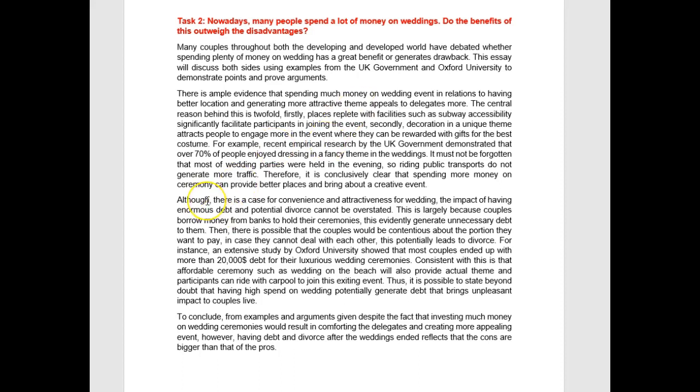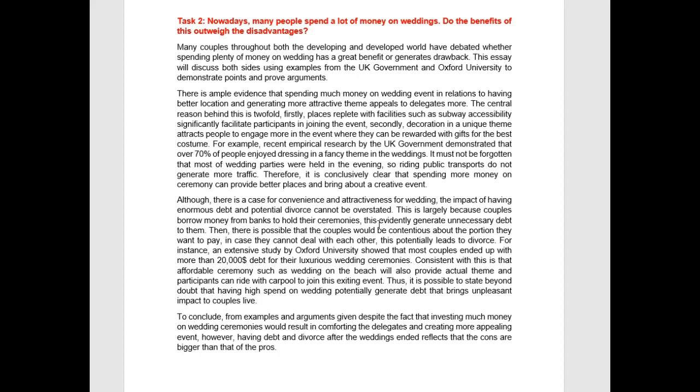No comma after although. So, although there is a case for convenience and attractiveness for a wedding, the impact of having enormous debt and potential divorce cannot be overstated. This is largely because couples borrow money from banks to hold their ceremonies, and this evidently generates unnecessary debt for them. Then there is, okay, again, back it up. Tell me your support right here.